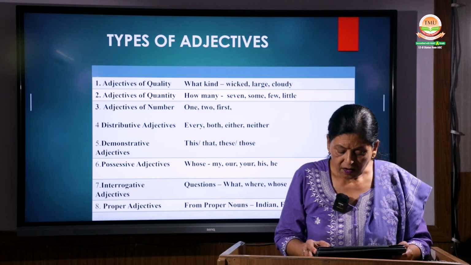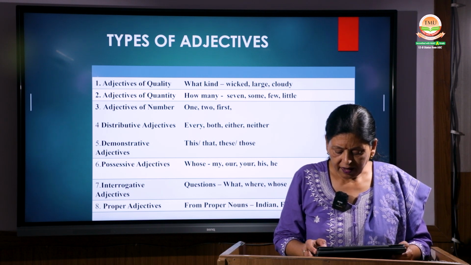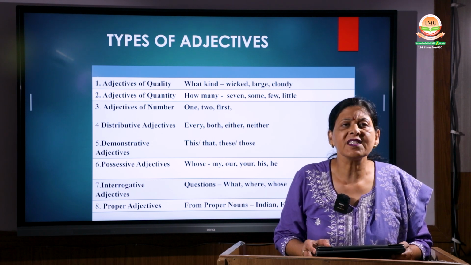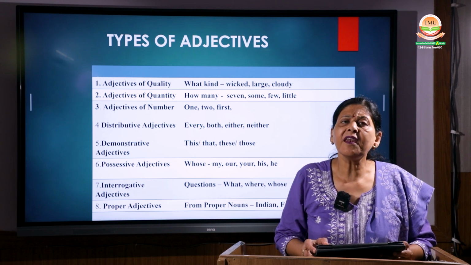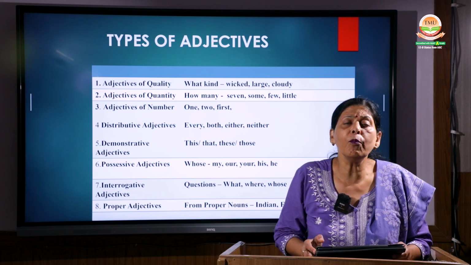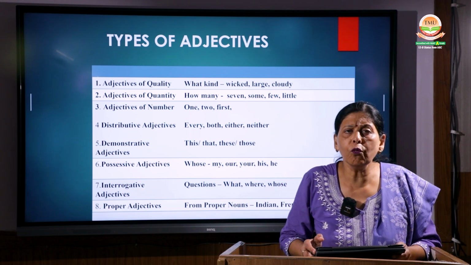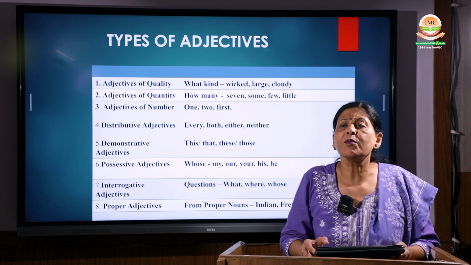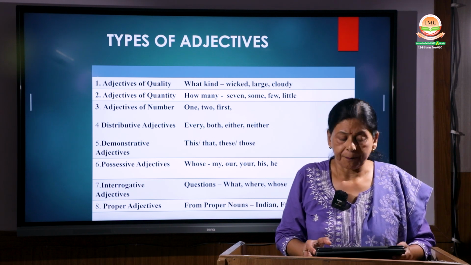So my, our, your, his, all these come under the category of possessive adjectives. His pen is very good. Whose pen is it? To whom does that pen belong? It is his, that particular person.